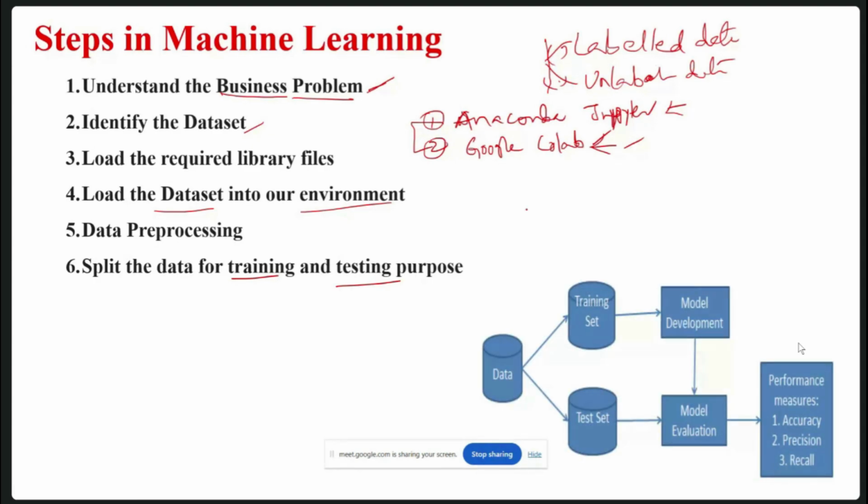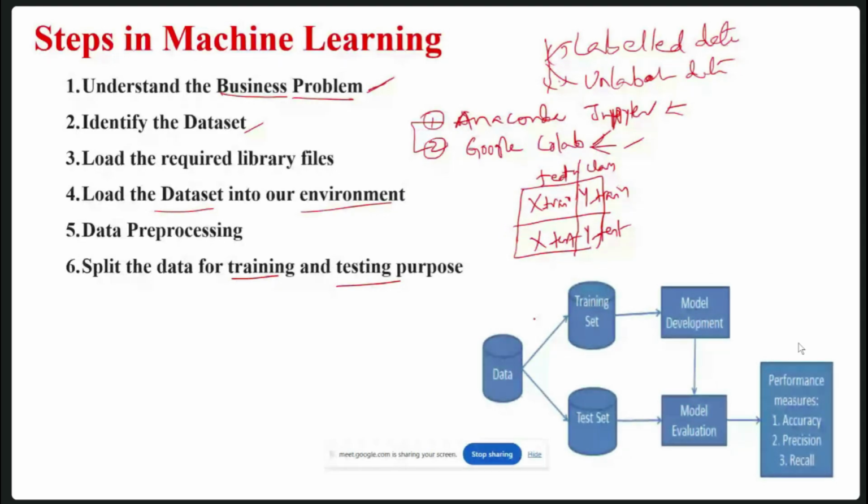We are going to divide that into four parts: X train, Y train, X test, and Y test. X is nothing but the features, and Y is the corresponding class labels, the target variable.